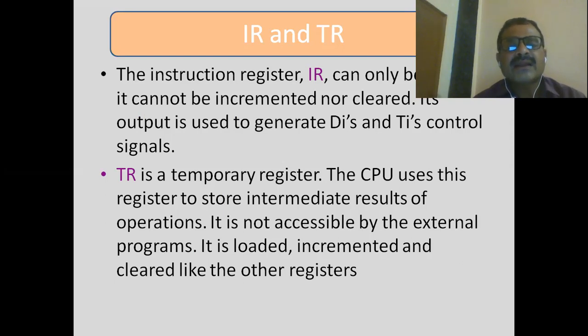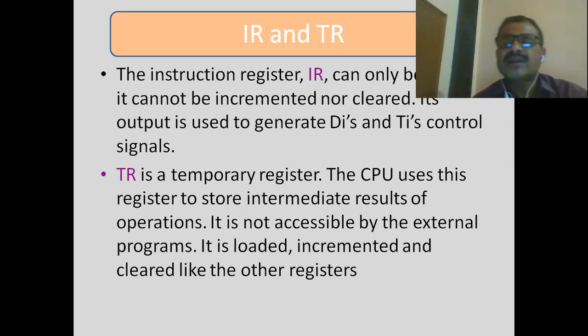TR is another register whose name is temporary register. This is one of the important registers. The CPU uses this register to store intermediate results of the operations.